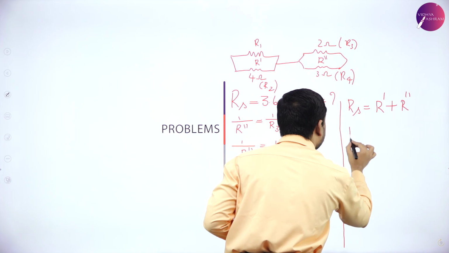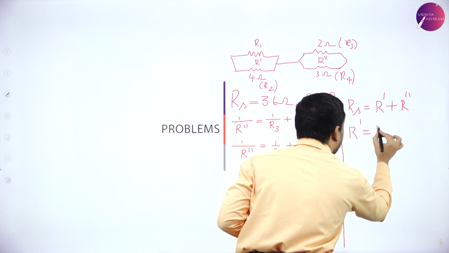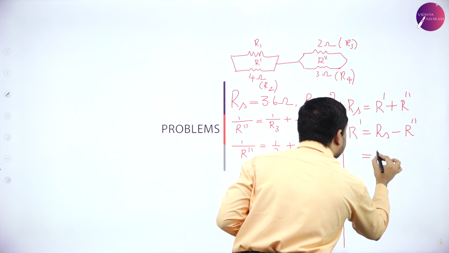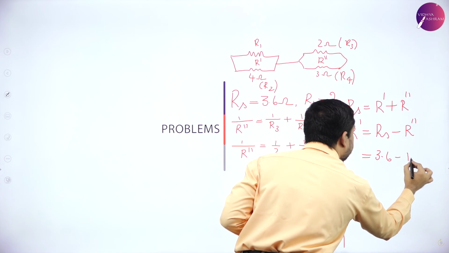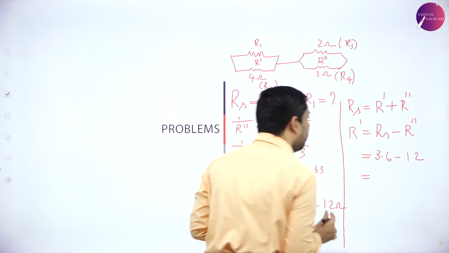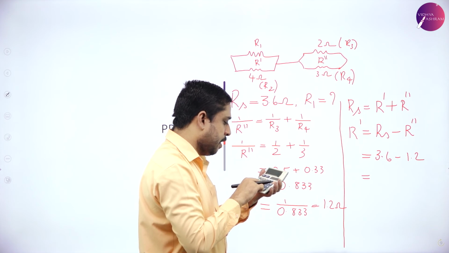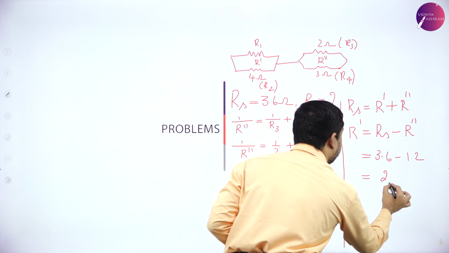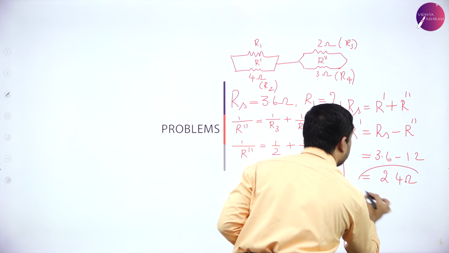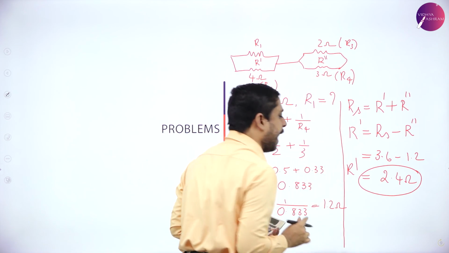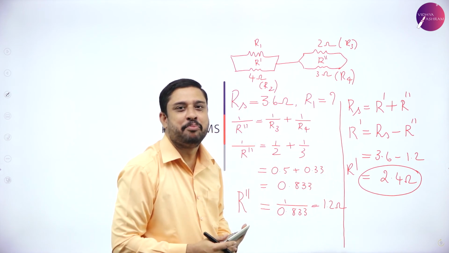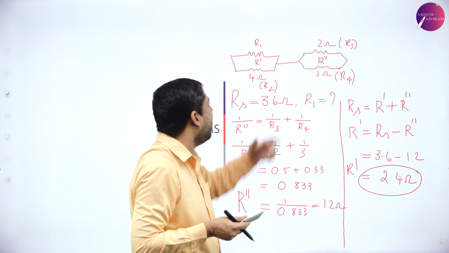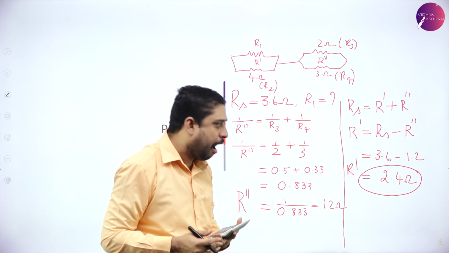So from this, R dash is RS minus R double dash, 3.6 minus 1.2, which is 2.4 ohms. Now R dash is known. Things have become simple. R dash is known, R2 is known. I have to calculate R1.